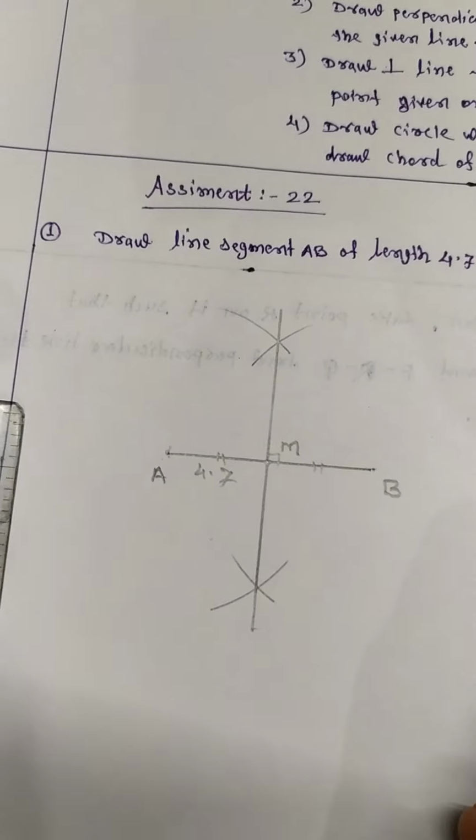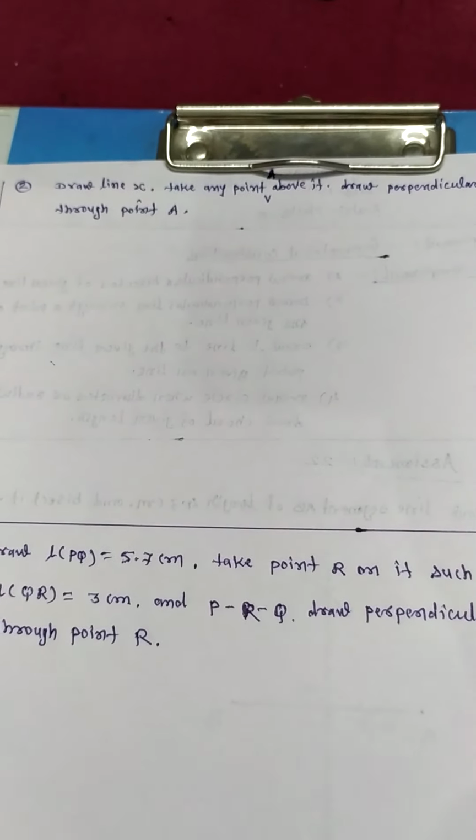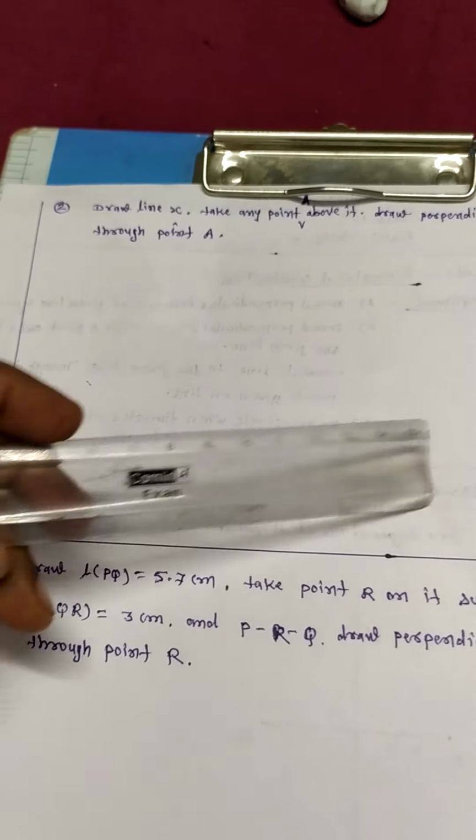Now we solve the second example. The second example is: draw line X, take any point A above it, and draw perpendicular line Y to X through point A. So to solve this example we take line X first.